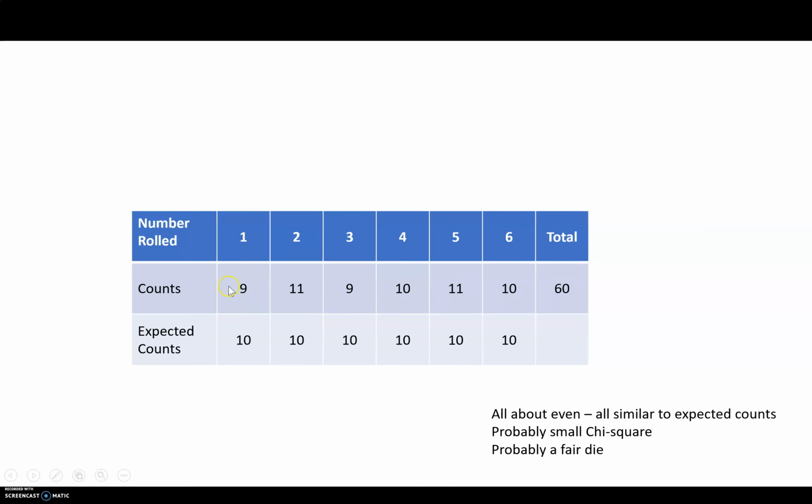And you can see that all of these observed counts are pretty even, and they're all pretty similar to the expected counts. So this is the scenario where, and of course you're always going to want to actually run the test, but just to get a feel for whether this would pass the smell test or not, you would probably expect a small chi-square, and this is probably a fair die. These all seem to be pretty close to the expected counts and all pretty even.